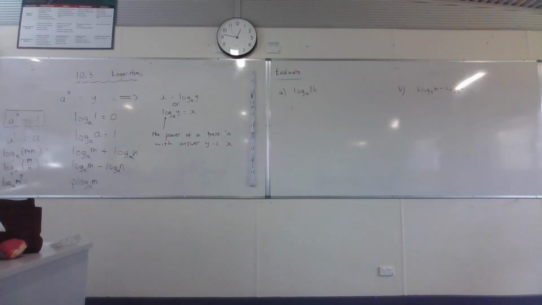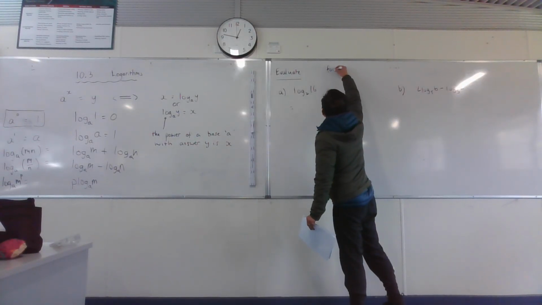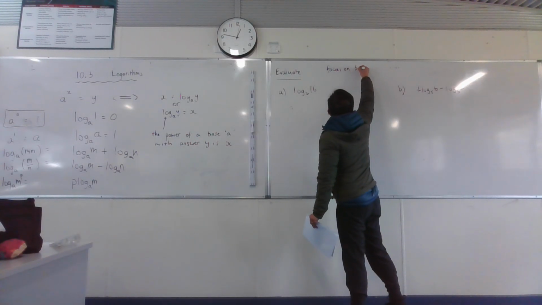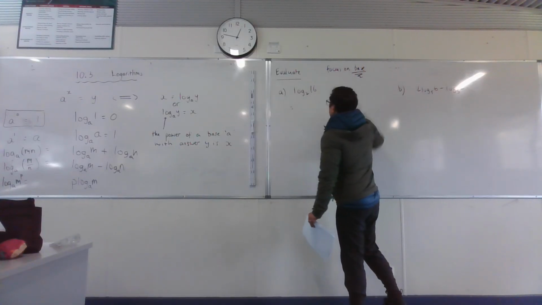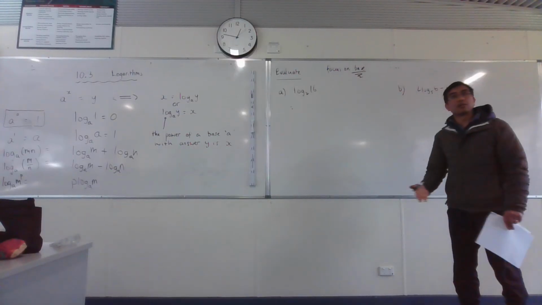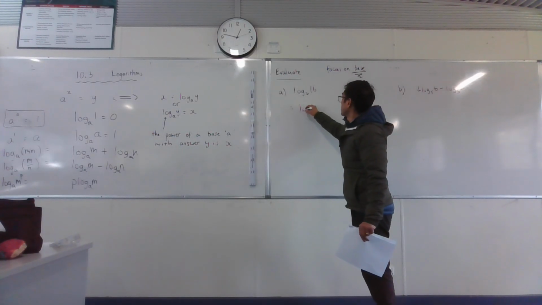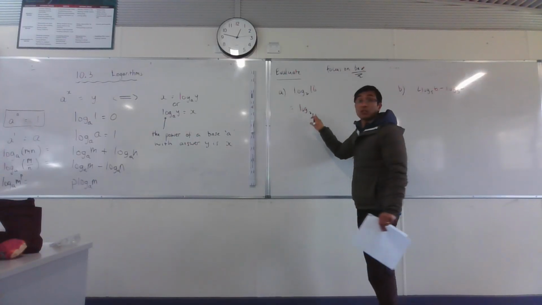There's two ways to do this one. The key is focus on the base. Use the base as a stepping stone. What's our base here? 2. So we're going to focus on the 2.